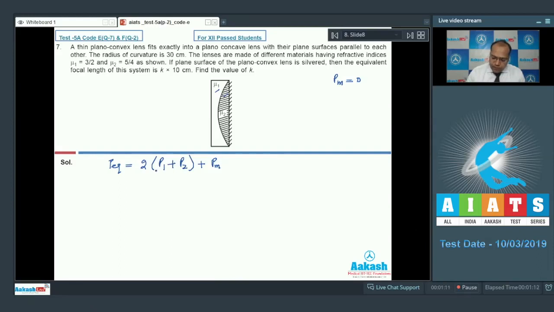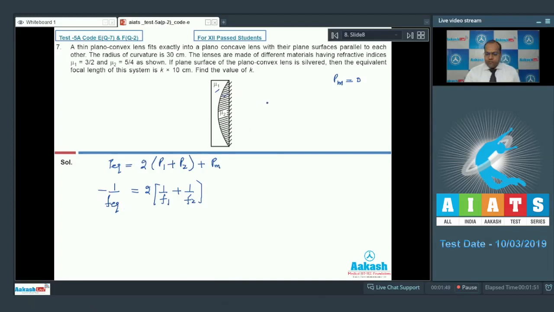The power P1 can be written as 1 by F1 and the power P2 as 1 by F2. Since the equivalent system will behave like a mirror, its power can be written as minus 1 upon F equivalent.